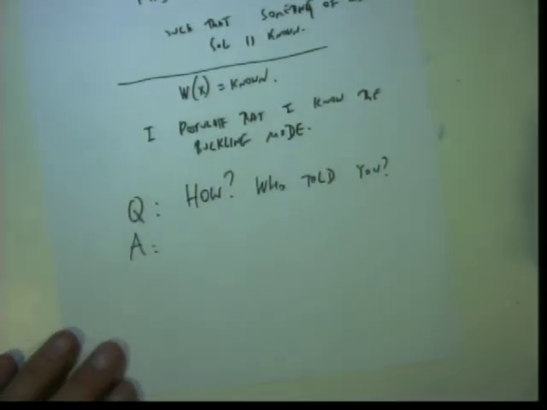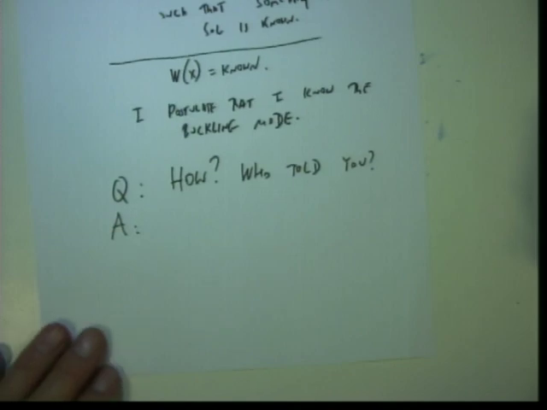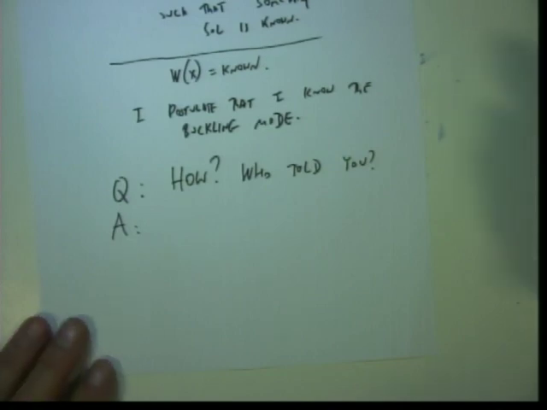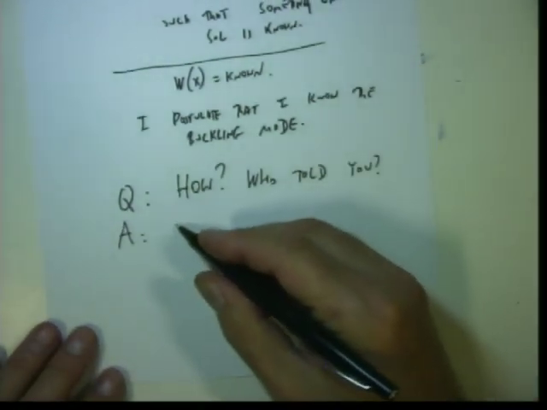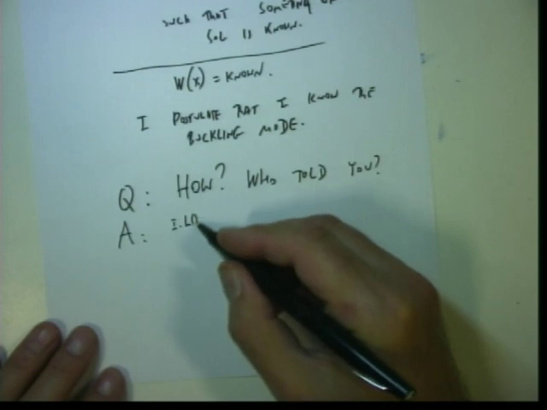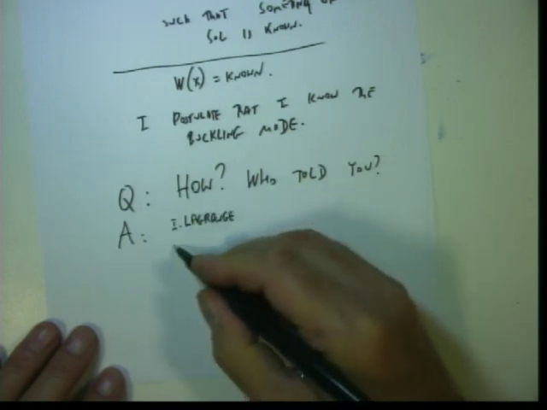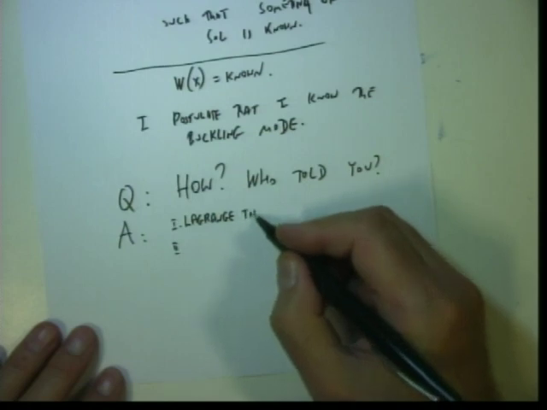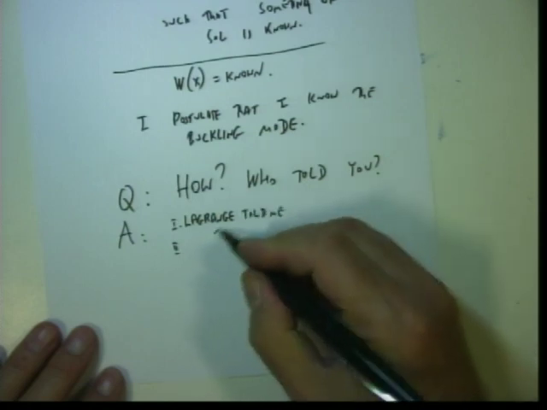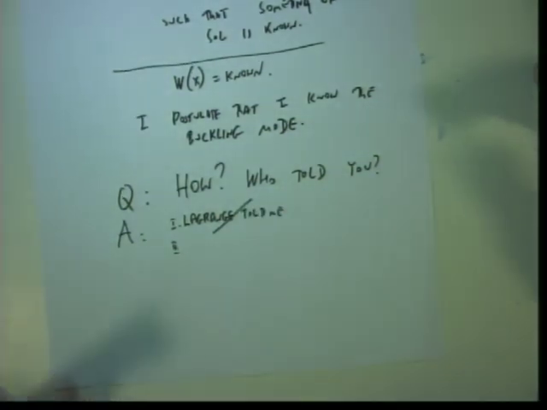Mr. Fan, imagine you are lecturing and you go, how? How do you know the buckling mode? Who told you? Say it again. Okay, so one answer: Lagrange told me. That will be very bad because Lagrange is not alive.